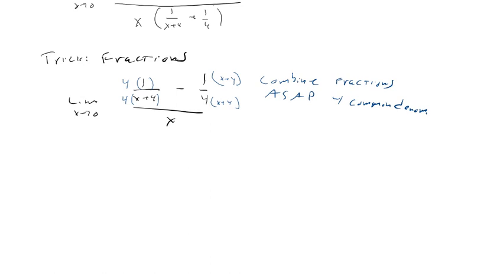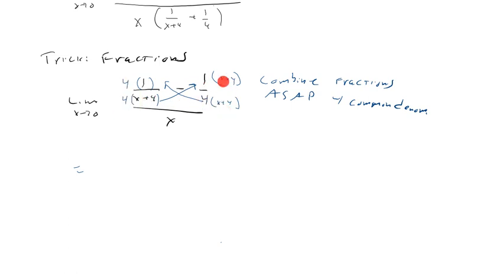I crisscrossed, right? I gave the 4 to this side, and I gave the x plus 4 to this side. I found a common denominator by giving each piece what the other one was missing. This first fraction was missing the 4 on the bottom that this one had, so I gave it to this on the top and bottom. And this one was missing this x plus 4, so I gave it to this on the top and the bottom.